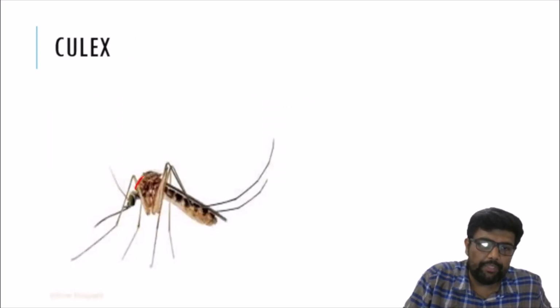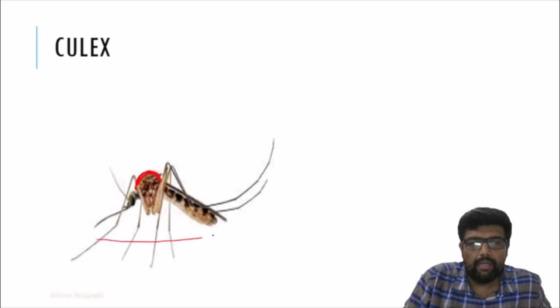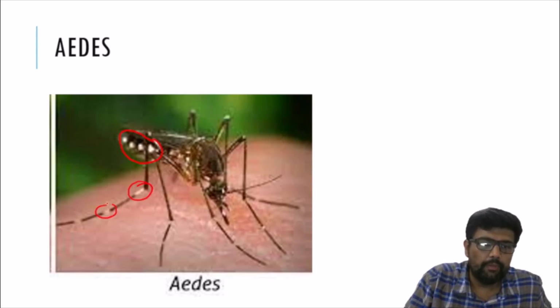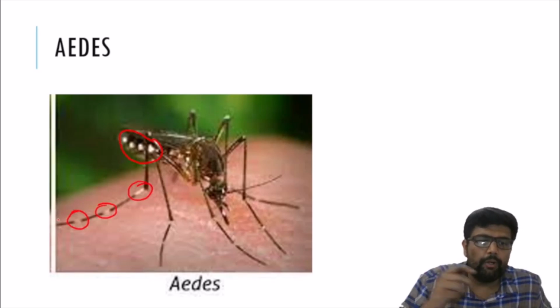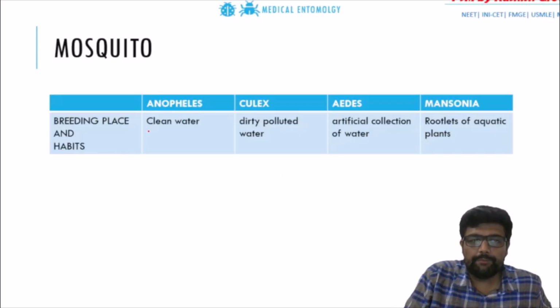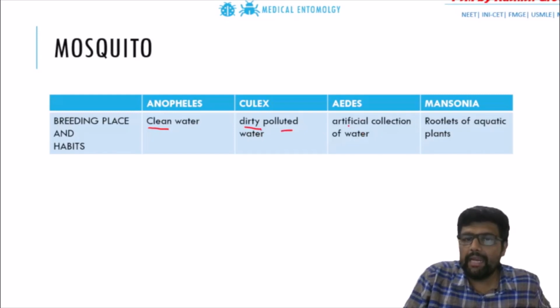Can you appreciate the hunchback appearance, not making any kind of angle? Then Aedes, as you can appreciate here, white spots.